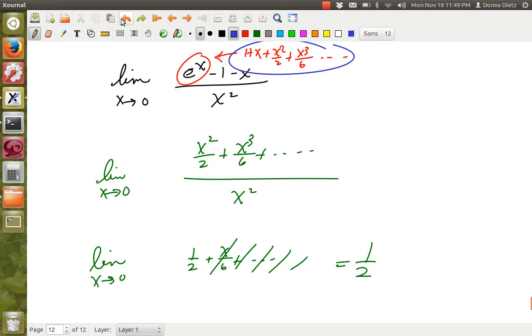These pieces are right from e to the x. So you just, instinctively think of this and say, I'm just going to divide off the x squared here and I'm going to get 1/2. So this complicated problem, you can actually do in your head because you'll do this arithmetic in your head. But it's a little harder to do L'Hopital's rule twice on 2 different functions in your head.